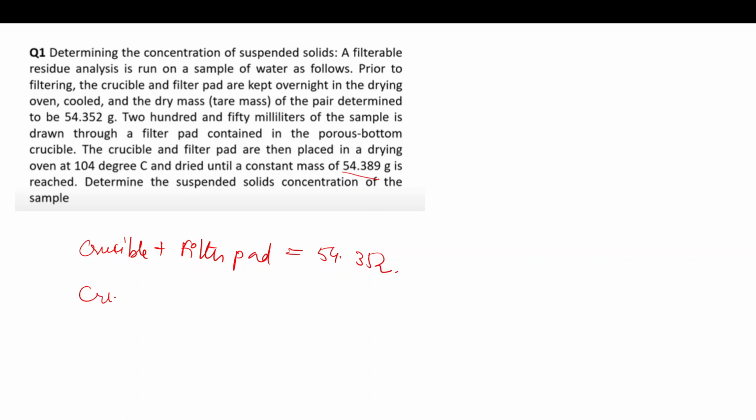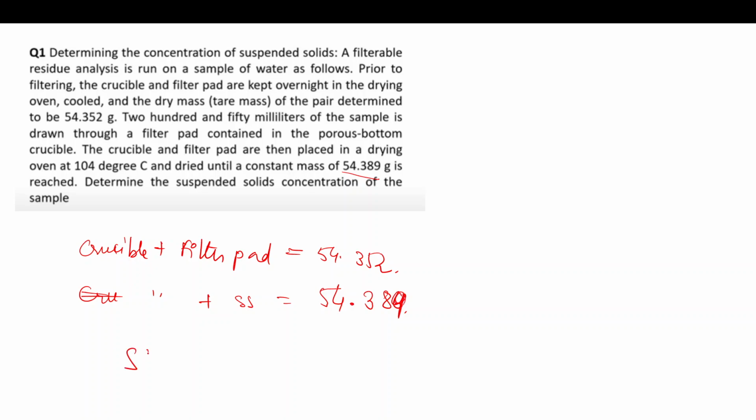Now crucible plus the suspended solids will be, because you have evaporated all the water, only the crucible plus filter pad including the suspended solids, which is 54.389.